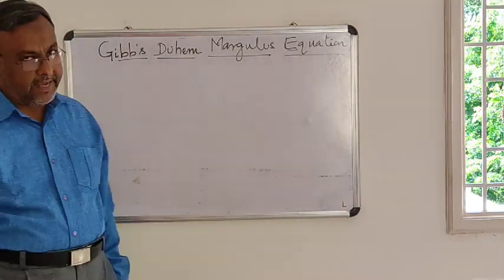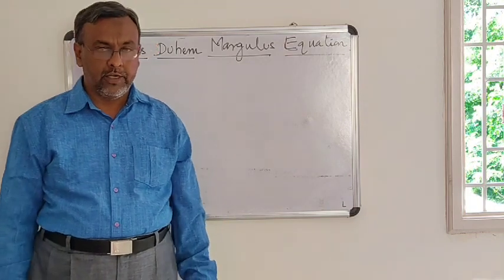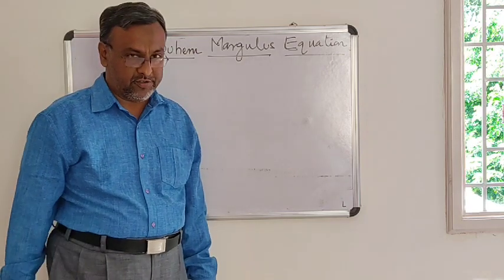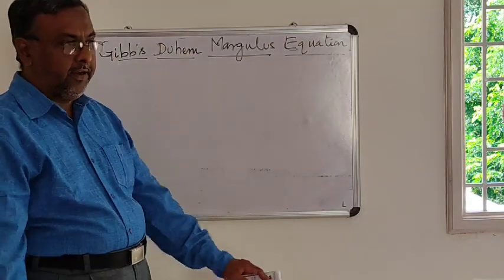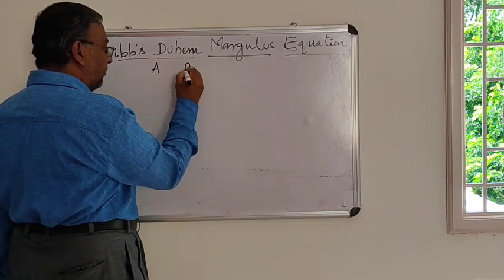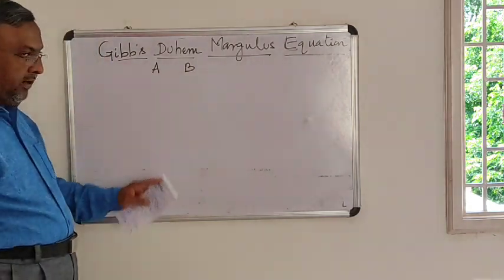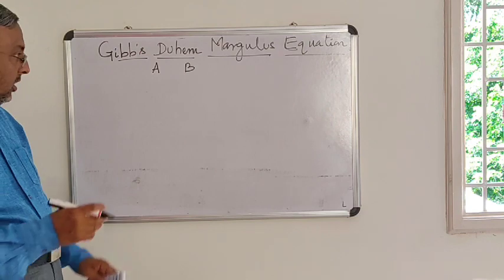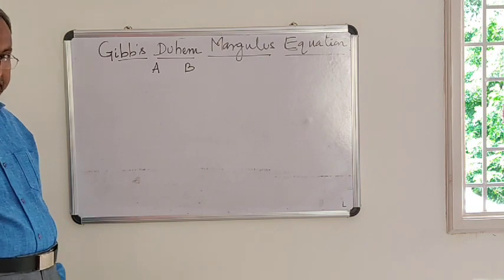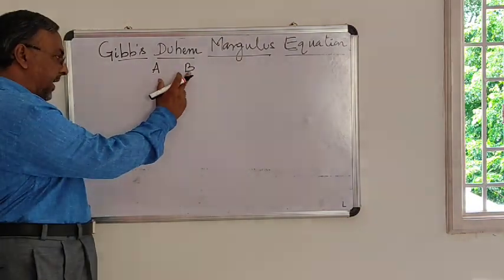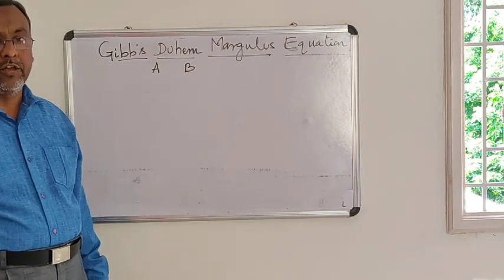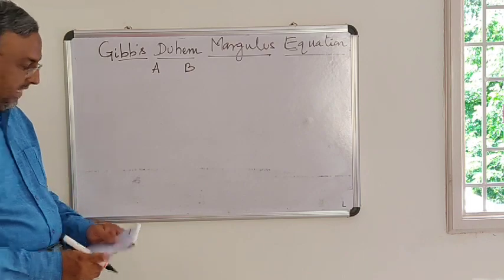Here also we have to consider an ideal binary solution, or any binary solution consisting of two components, A and B. Now let us consider two binary mixtures, that is, solutions A and B. Their vapors are in equilibrium at constant temperature and pressure. We have to consider the two constituents A and B, whose vapor pressures are in equilibrium at constant temperature and pressure.